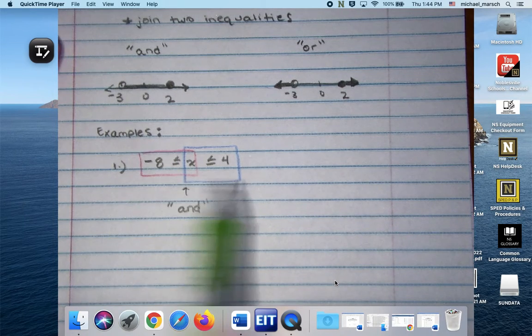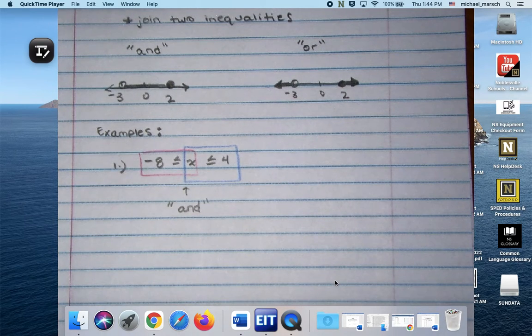So this would be considered an and inequality because the x is in the middle. X can be greater than -8 and less than 4. Excuse me, less than or equal to 4.